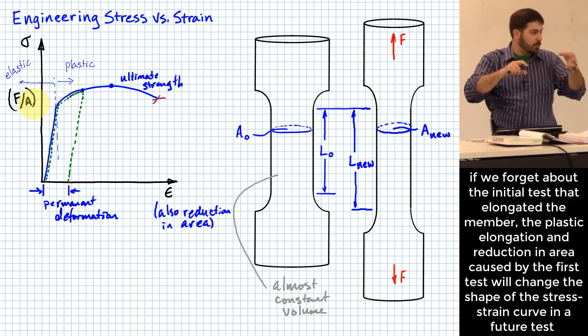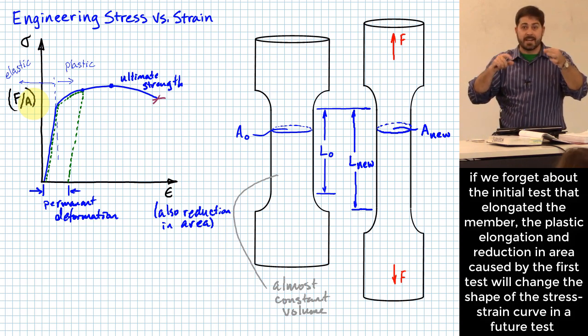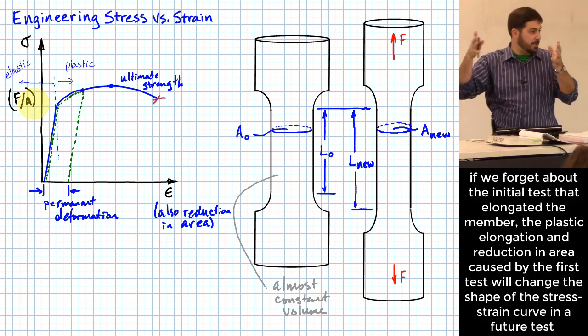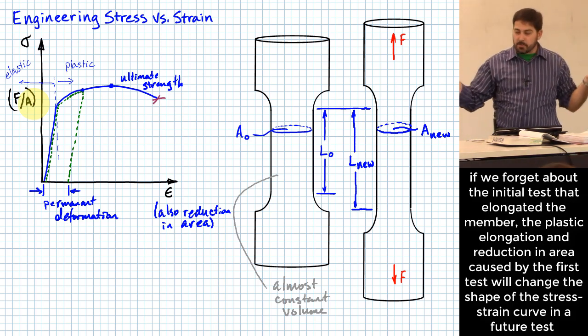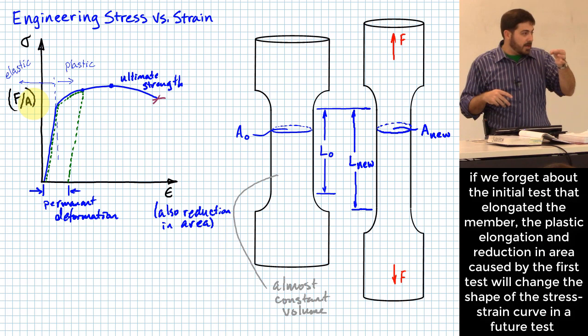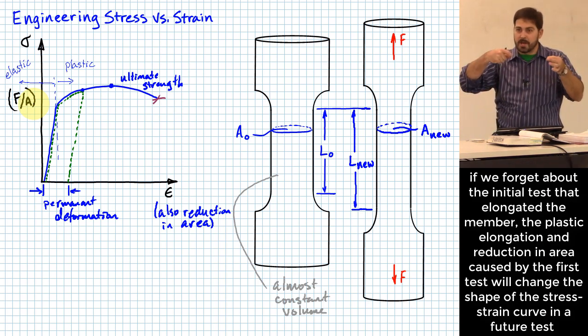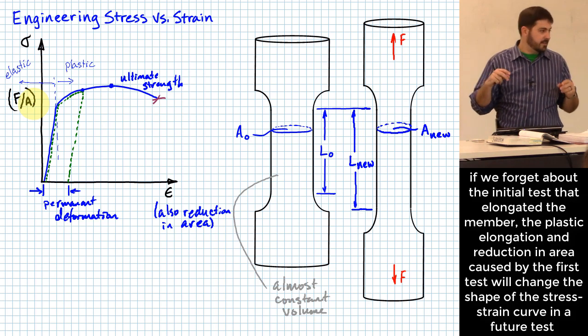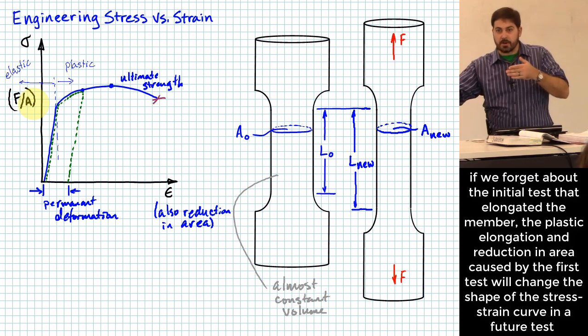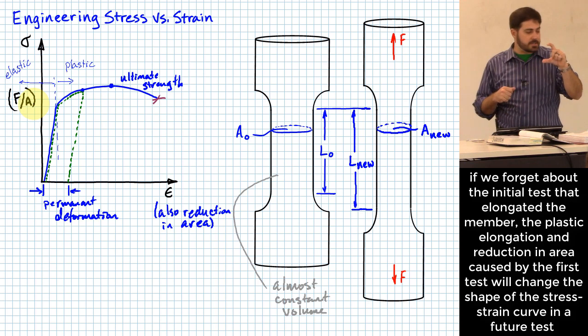We just take whatever that original area was when we do an engineering stress calculation. Well, now we know nothing about what the original area was. All we have is this new area because we just pulled this thing out of a drawer and we measured it. What's that going to do to the amount of stress that we calculate for our new stress-strain curve now that we've pulled it out of the drawer and tried to start testing it again?